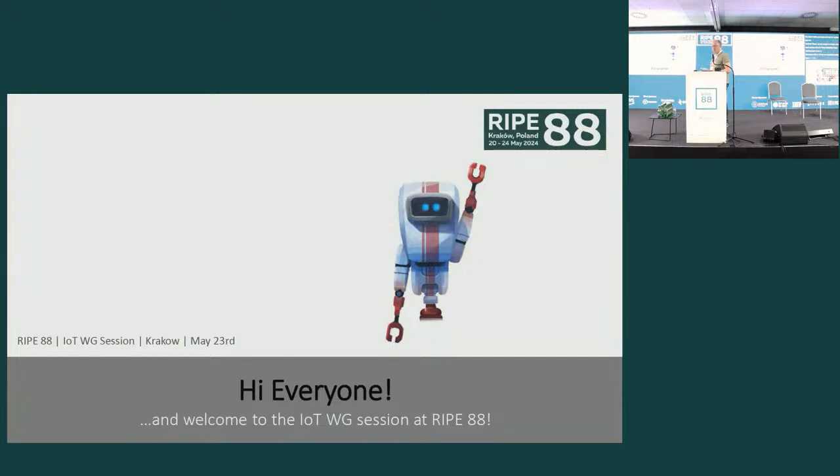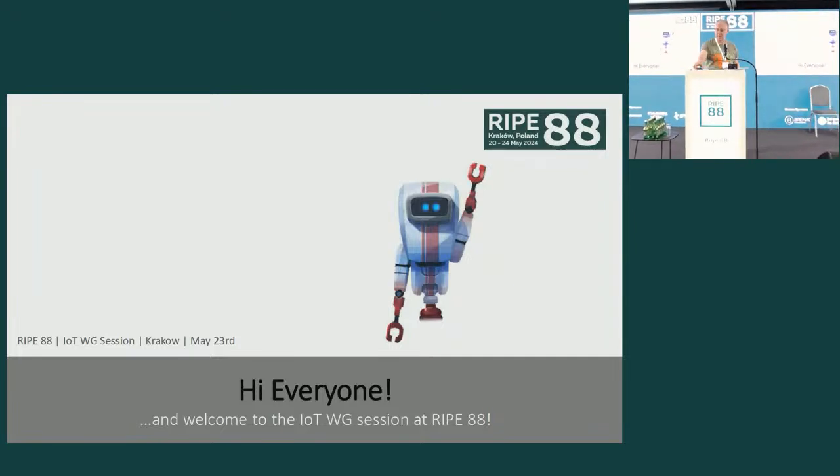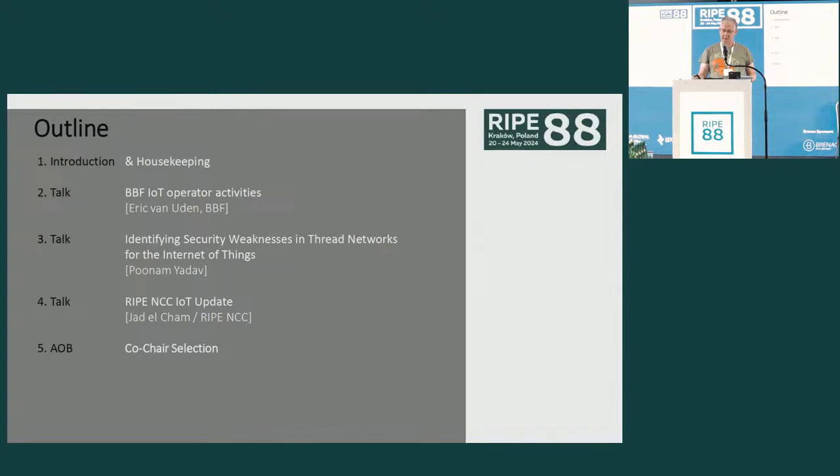So we want to start with a little housekeeping. I have a clicker here, so let's try it. Okay, we are on the housekeeping. We have 3 talks today, so the schedule is quite full. The first one is Erich. I was a little nervous because I did not recognize Erich, but he is around as well.